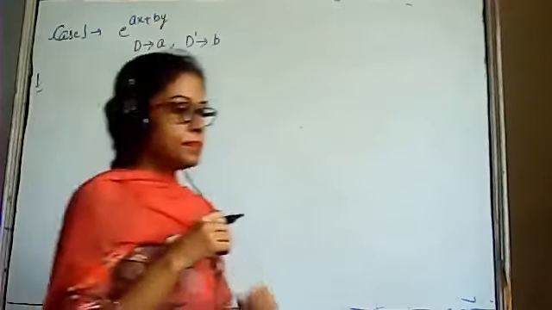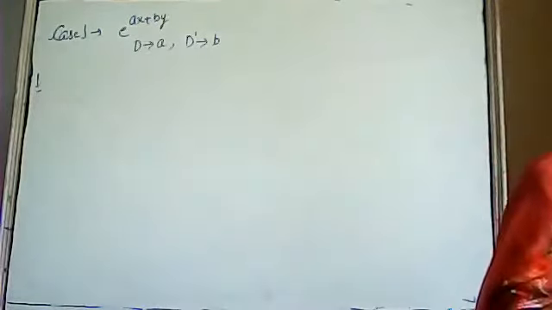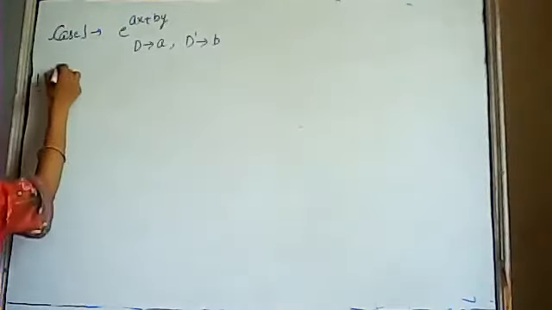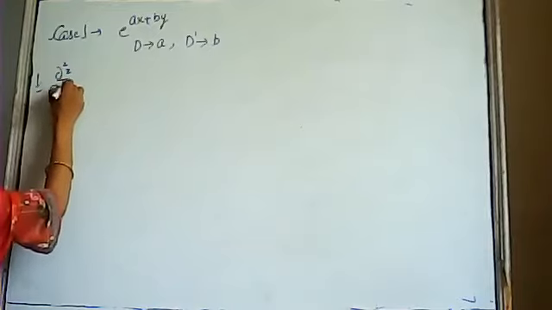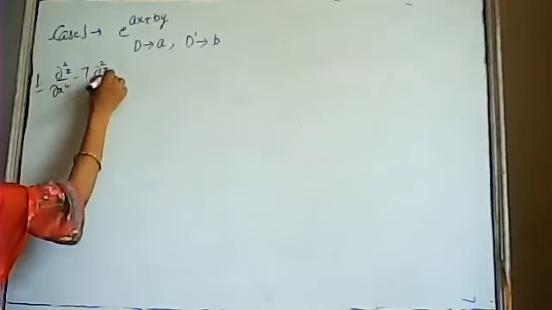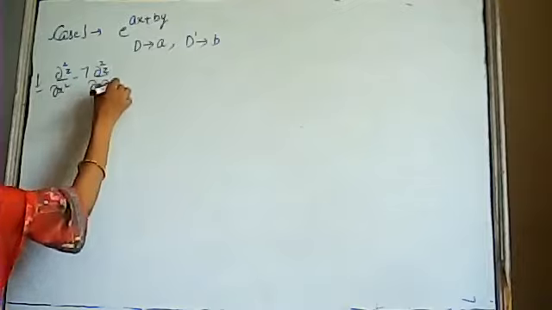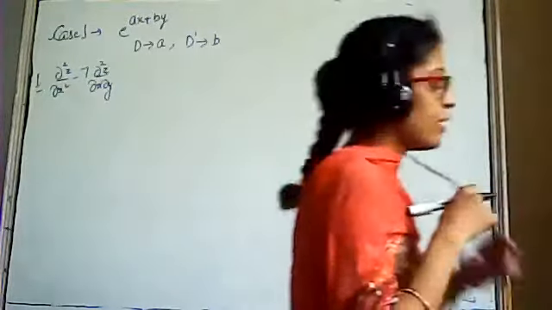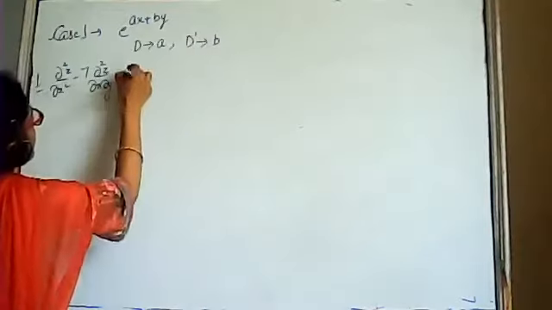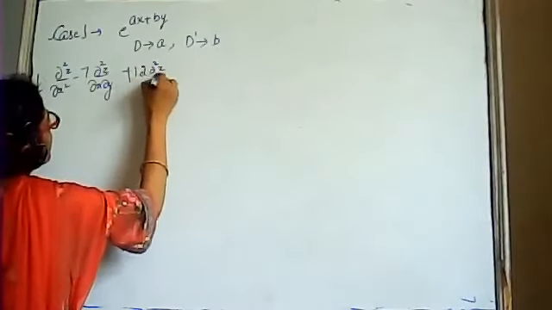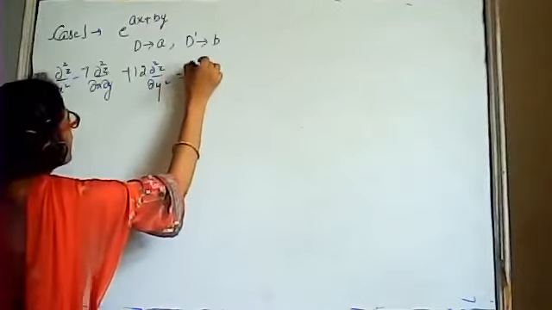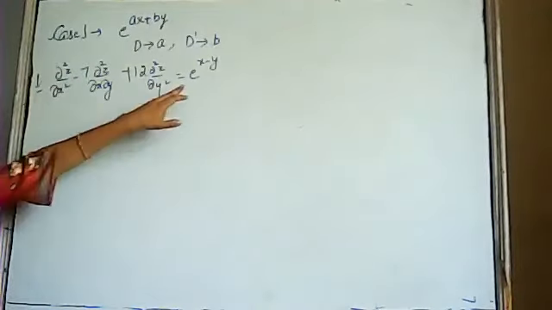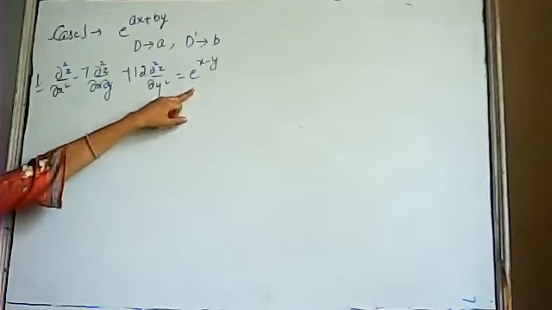First question, solve ∂²z/∂x² - 7 ∂²z/∂x∂y + 12 ∂²z/∂y² = e^(x-y). Now the right hand side is not 0.